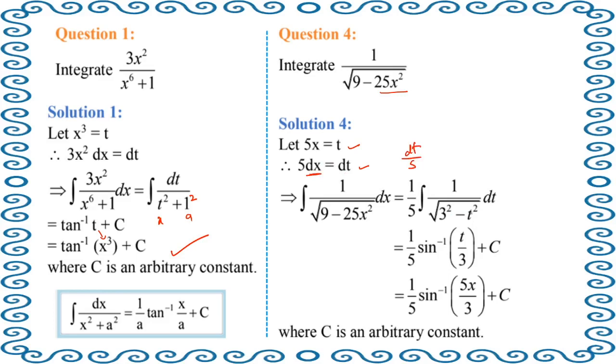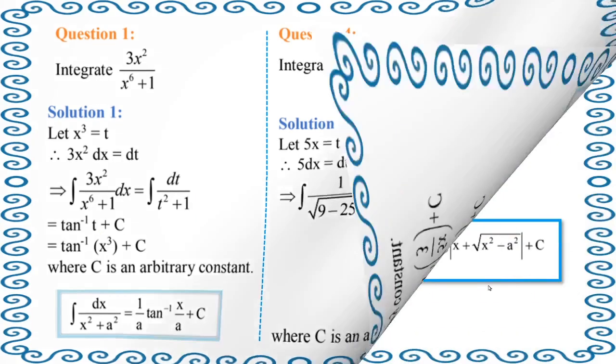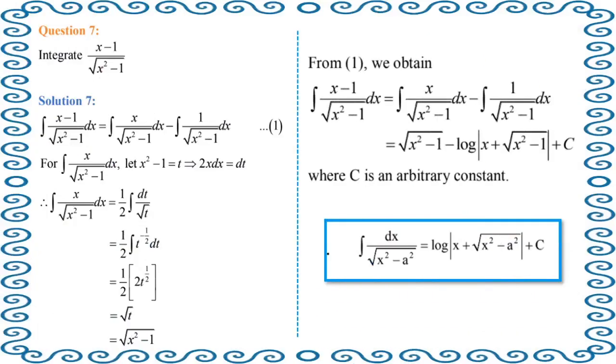So we have written dt here and 1 by 5 as a constant outside. Now which format is this? This is under root a square minus x square. A is 3 and x is t, so it is sine inverse of x by a, meaning t by a, a is 3, plus c, and the value of t was 5x. So this is the answer.